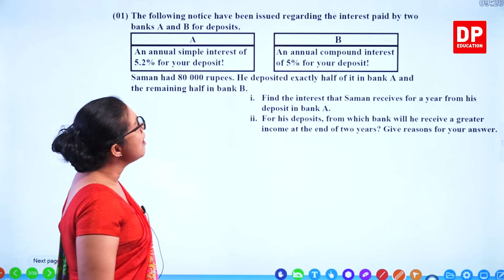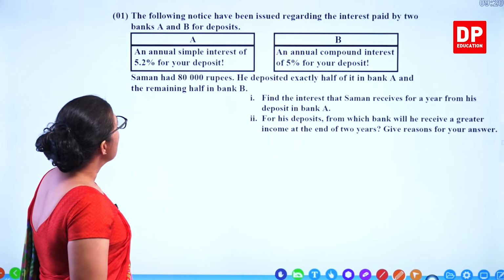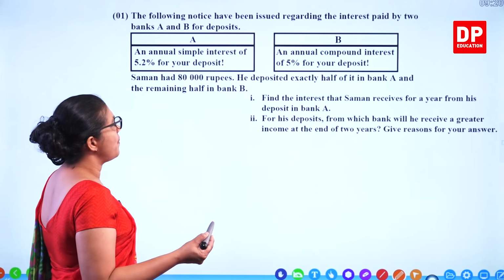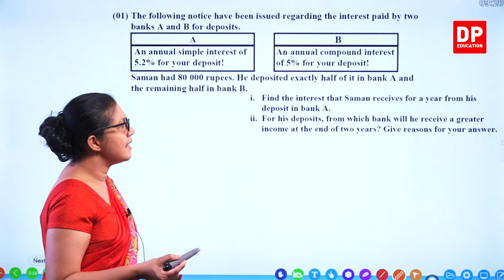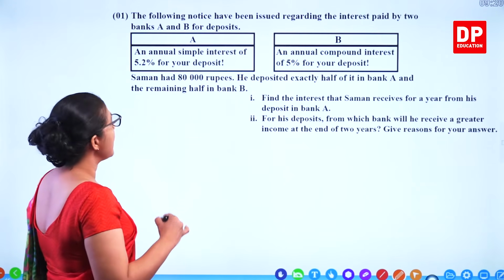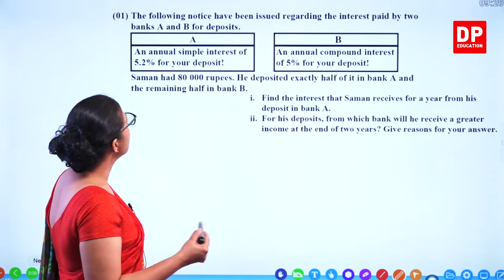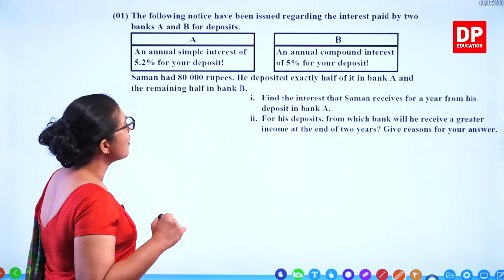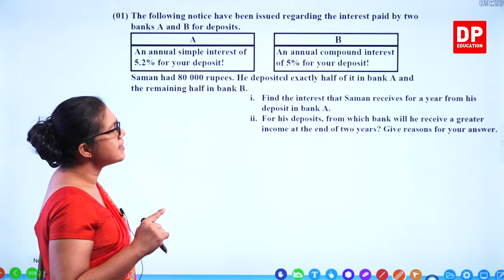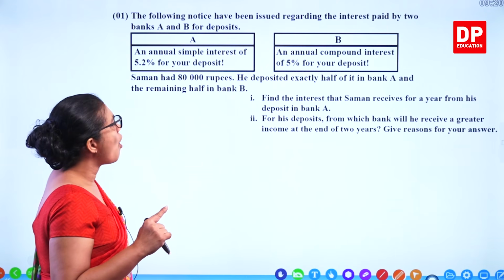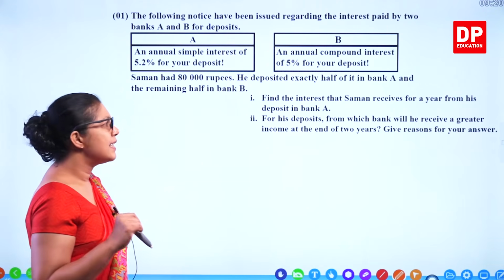Someone had 80,000 rupees. He deposited exactly half of it in Bank A and the remaining half in Bank B, so 40,000 each. Find the interest that he receives for a year from his deposit in Bank A.